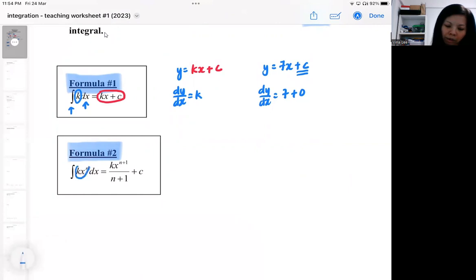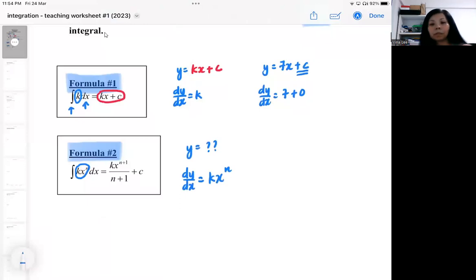So this will be my dy dx. So what will be the y here? You can think very simple dy dx. So for example, maybe we get a 6x squared.